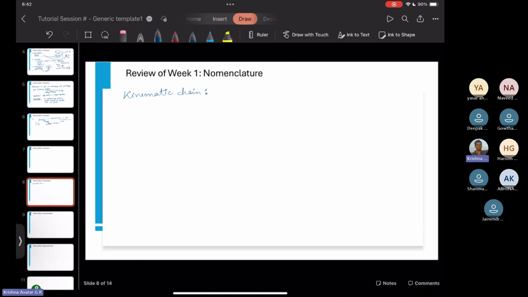Ultimately it involves the meaning of rigid body, isn't it? Could any of you just give a brief description of a rigid body?